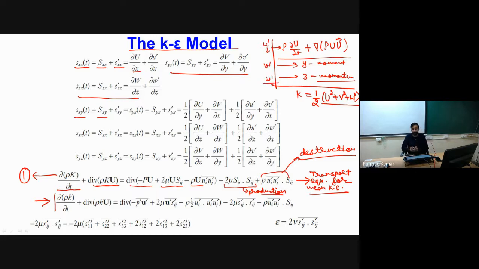So we multiply our equations with the fluctuating components, and we take the sum of all three equations.